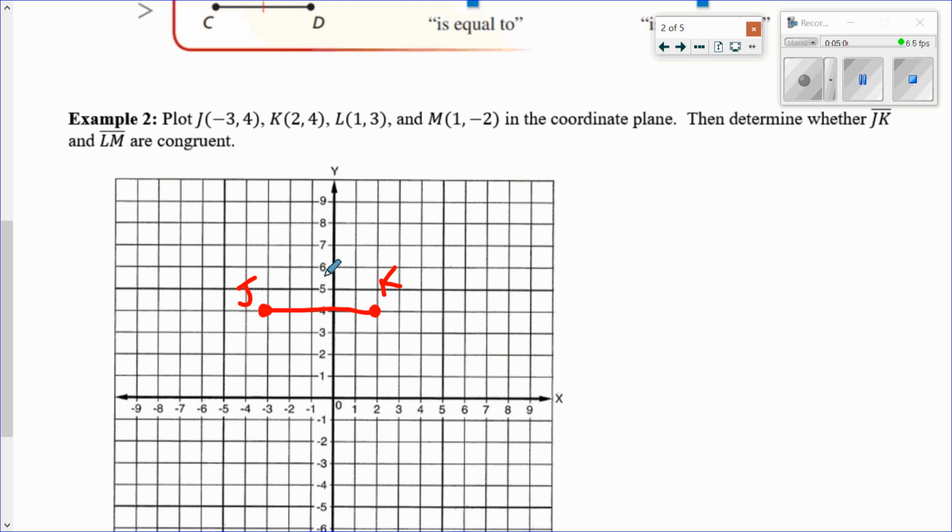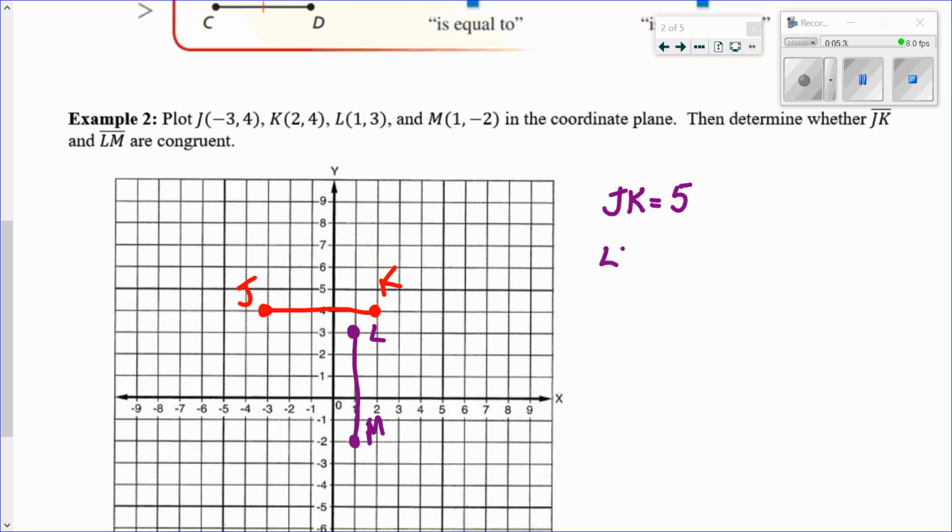The next one we have is L, which is (1, 3). So I'm going to the right 1, up 3. And then M, which is (1, -2). Okay, this is L, this is M. So for JK, the distance between them, all you're doing is counting boxes. 1, 2, 3, 4, 5.